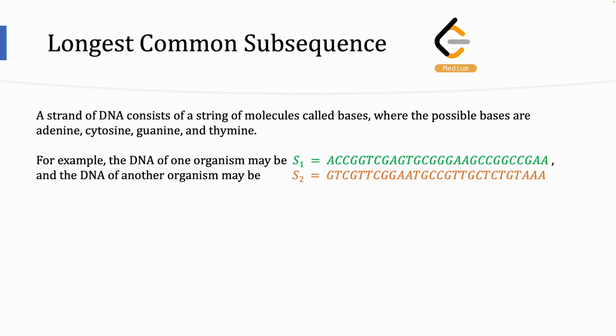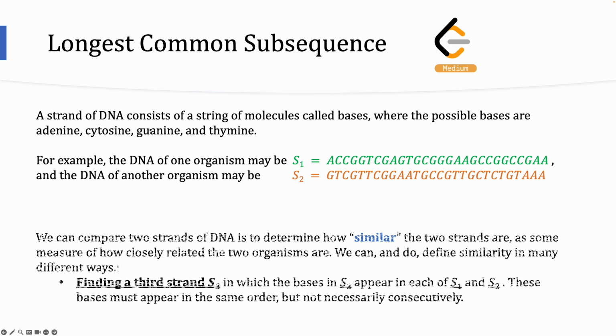These bases come in 4 flavors: adenine, cytosine, guanine, thymine. Now, the fascinating part here is that we can compare these DNA strands to determine how similar they are, which can give us insight into how closely related two organisms might be.